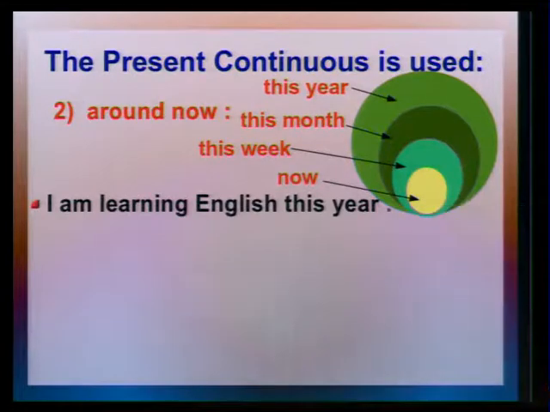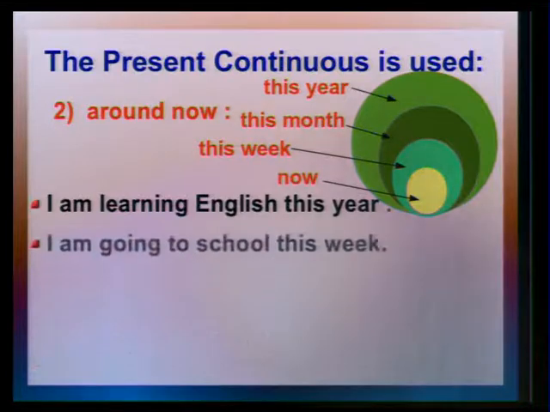Let's try another example. I am going to school this week. In this example also, you have this week. Because of that, you have to use going, the ing form of the verb.